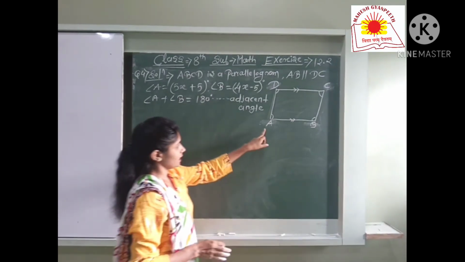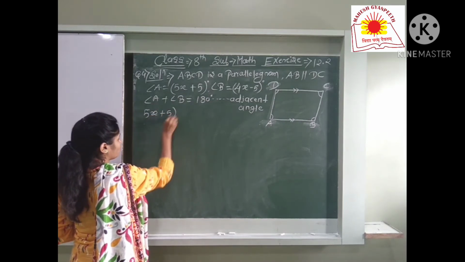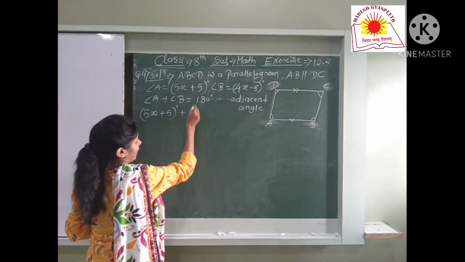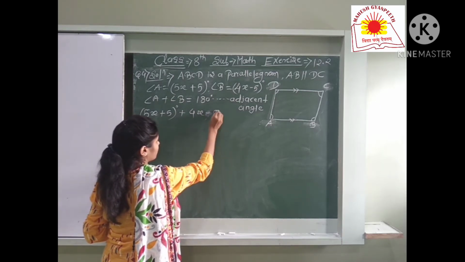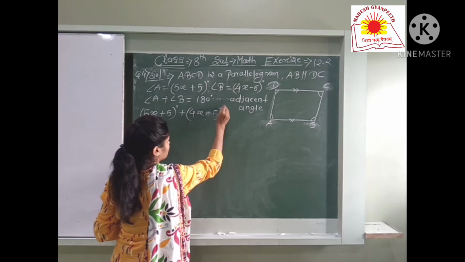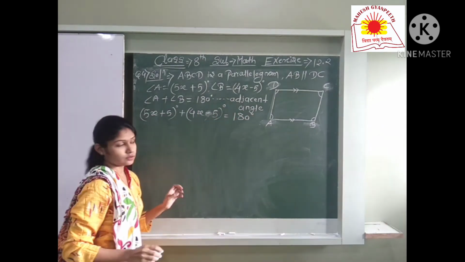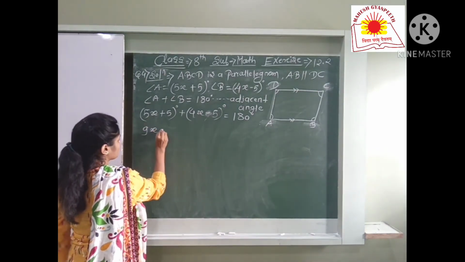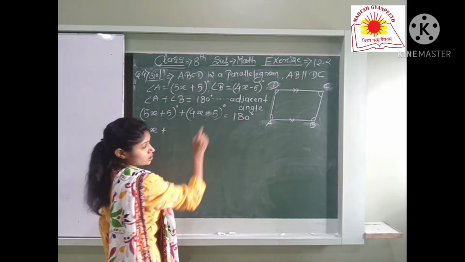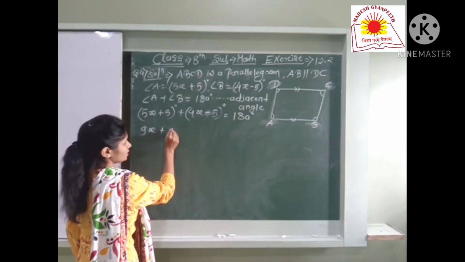So what is angle A? The value of angle A is 5x plus 5. Put the value, plus angle B, which is 4x minus 5, is equal to 180 degrees. Now, 5x plus 4x is 9x, and plus 5 minus 5 is how much? It's 0.